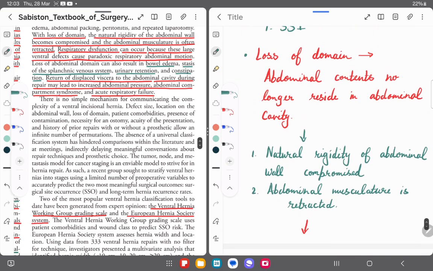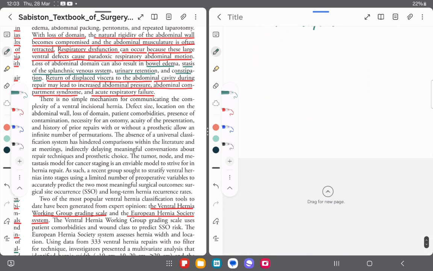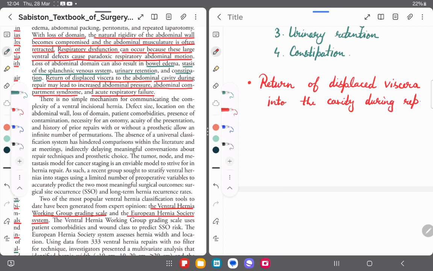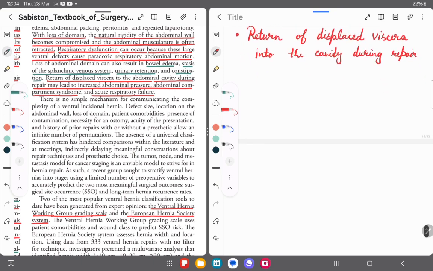So for loss of domain, when we return the displaced viscera to the abdominal cavity during repair, it will lead to increased abdominal pressure.